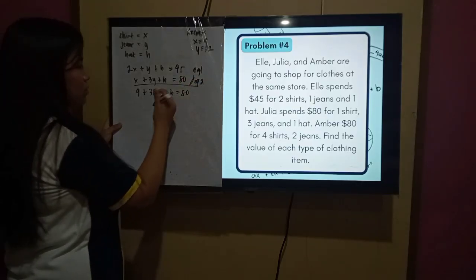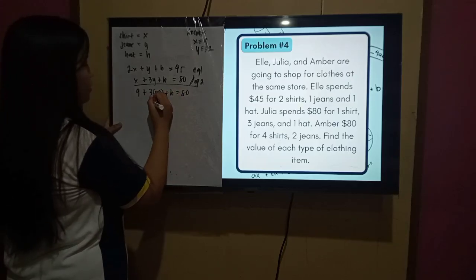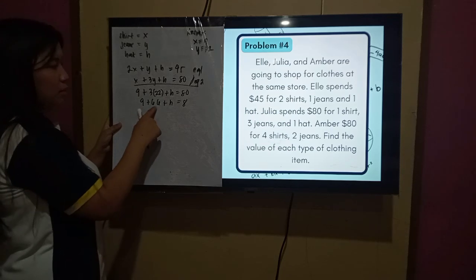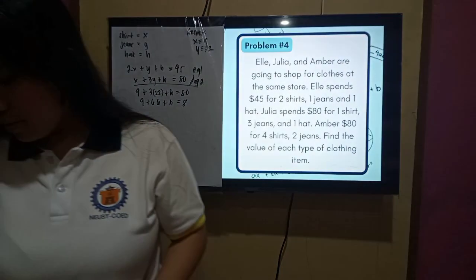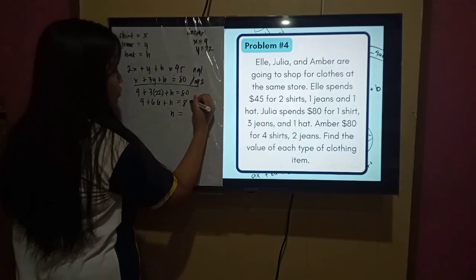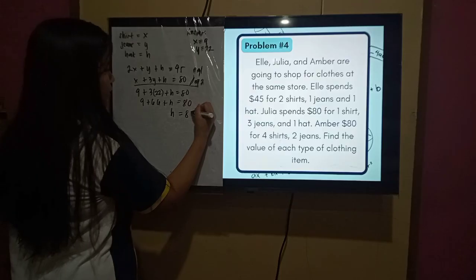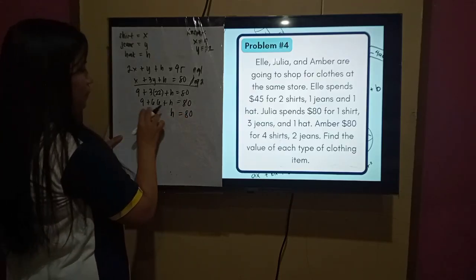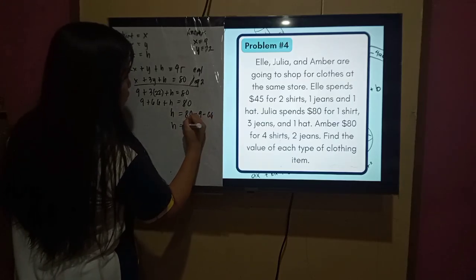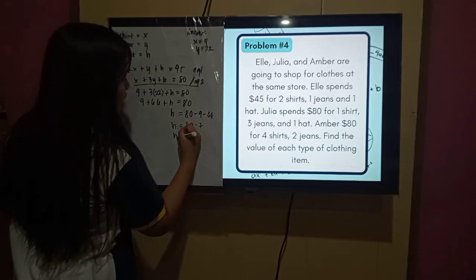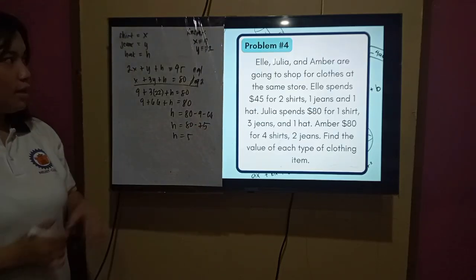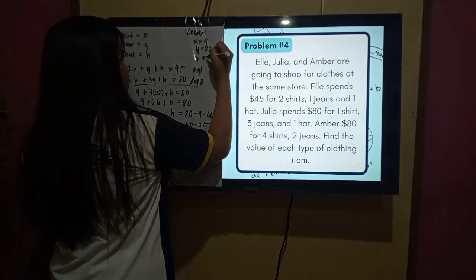So, 3 times 22 is 66. Plus 9. Plus H is equals to 80. So, 9 plus 66 is 75. So, H is equals to 80. Let's move these two over. Minus 9 minus 66. H is equals to 80 minus 75. H is equals to 5. So, those are the values of our variables.